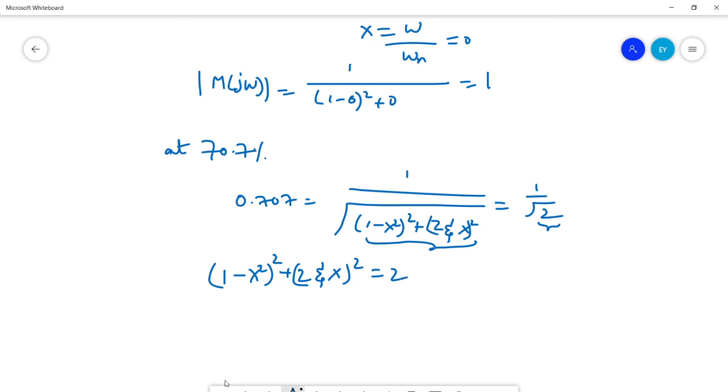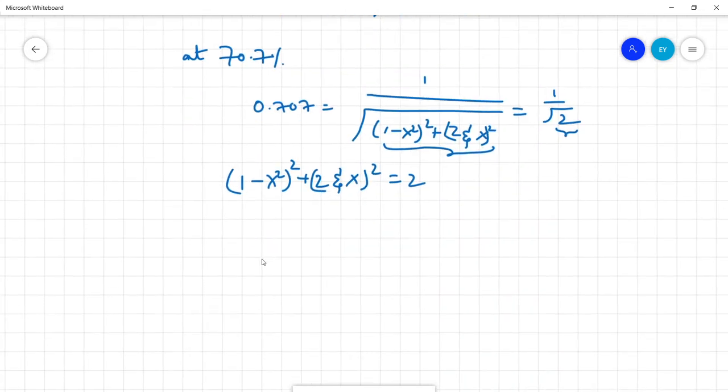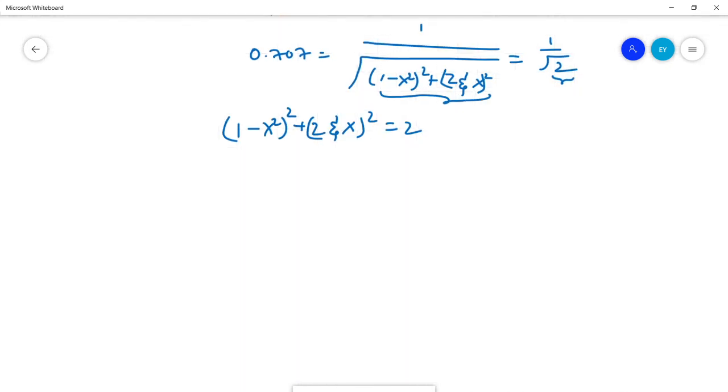From here, we'll write this as a quadratic equation. Once you solve this, what you get is x power 4 plus (4 zeta square minus 2) into x square minus 1 is equal to 0.